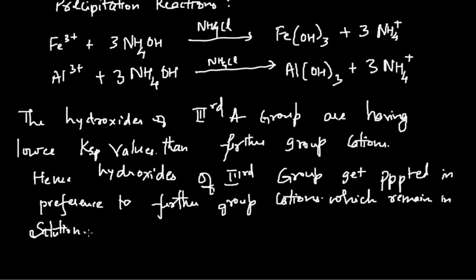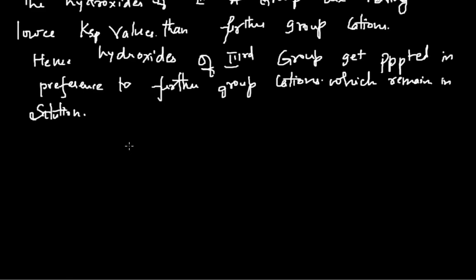Now, due to common ion effect of NH4 plus ion from NH4Cl, the ionization of NH4OH is suppressed, which limits the concentration of OH, and this limited concentration of OH is just enough for complete precipitation of third A group cations. So, this is again common ion effect at play.